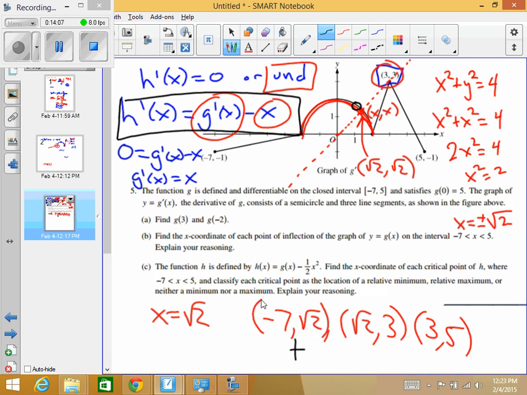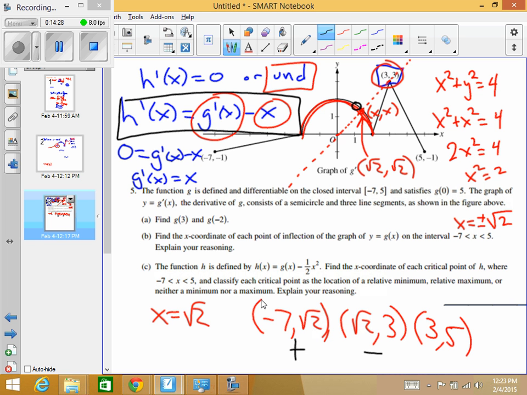If I go a little bit to the right of square root of 2, and I try to figure out g prime x minus x, I get a number close to square root of 2, but a little smaller, minus square root of 2, which is a negative. What that's going to tell us is we had a local maximum at square root of 2.